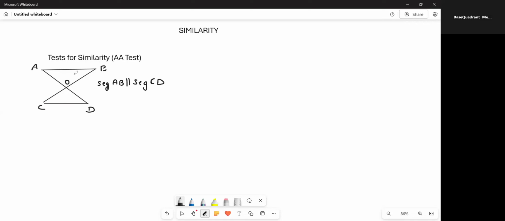You see that since AB is parallel to CD, angle A and angle D will be congruent because they are alternate angles, correct? If the lines are parallel, then the alternate angles across the transversal will be congruent. So let's first prove that.